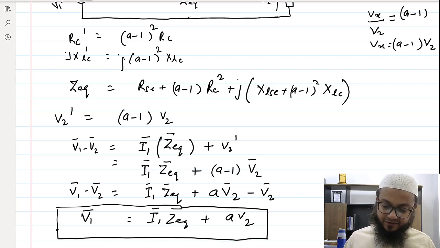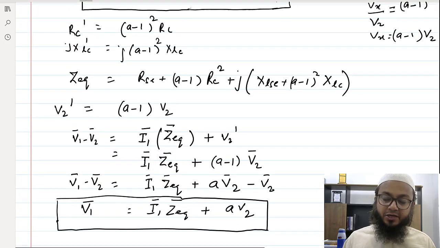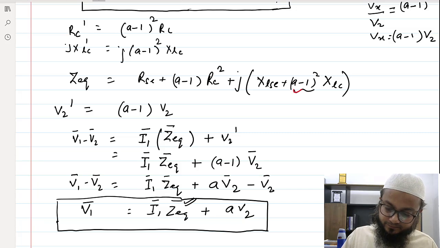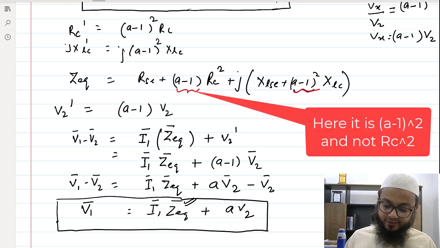If you compare this expression with the equivalent circuit of the two winding transformer, the expression looks almost the same. The only difference is that Z equivalent here is different from the Z equivalent there, because here the transformation ratio is not A, rather it is A minus 1. Otherwise, the entire expression looks similar to the one we derived for the two winding transformer as well.